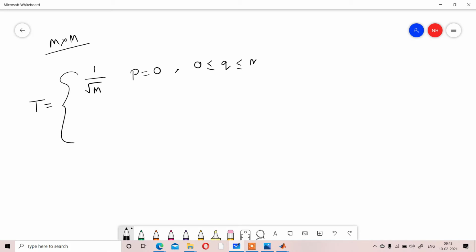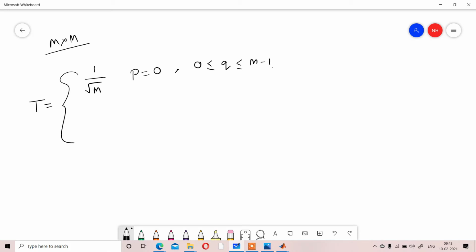Suppose we are considering an m cross m square matrix, then the transformation matrix depending on that will be like that. The value will be 1 by root m for p equal to 0 and q from 0 to m minus 1.